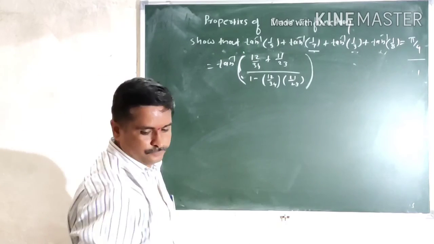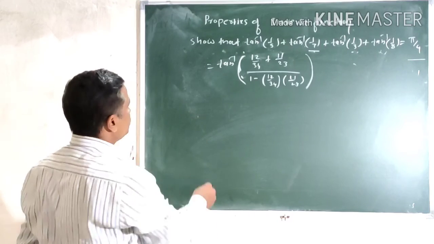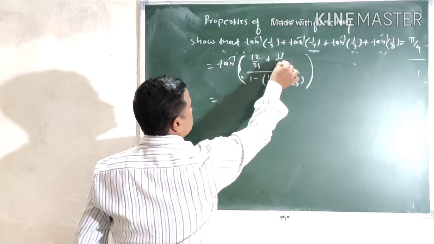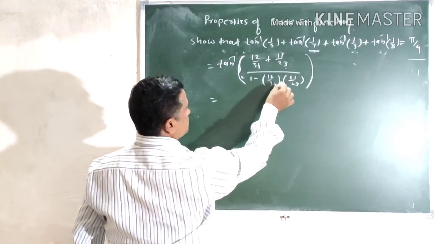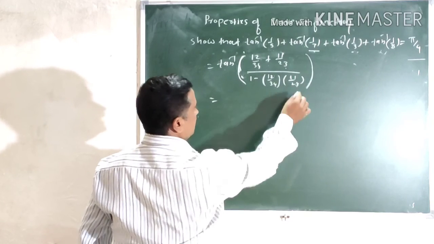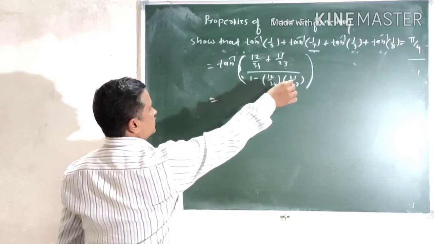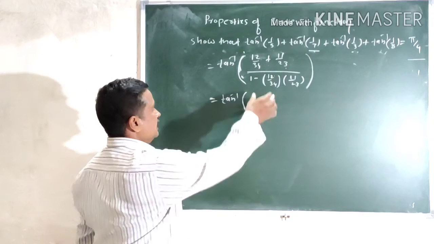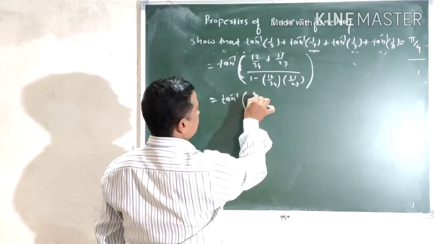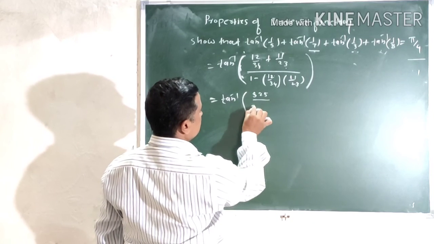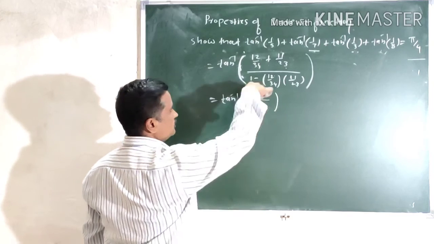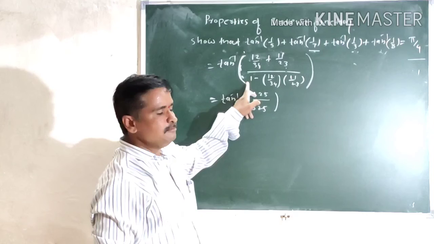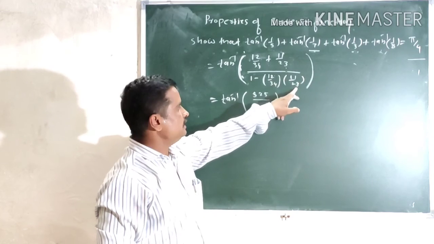So observe this, if we solve the angle, tan inverse of 12 by 34 plus 11 by 23 by 1 minus 12 by 34 into 11 by 23, then we get the value as 325 by 325. Calculate this.